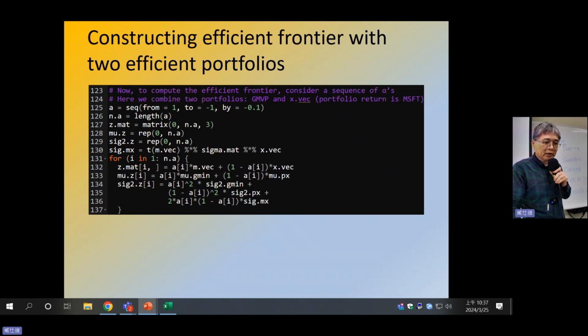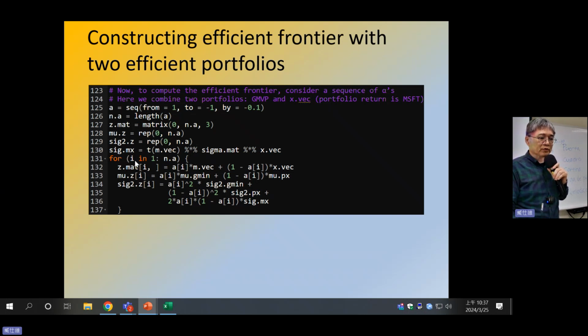Okay, so the weightings for M and the weightings for X. You have to provide these 2 data first. Okay, based on this, then you can run the looping in the following.